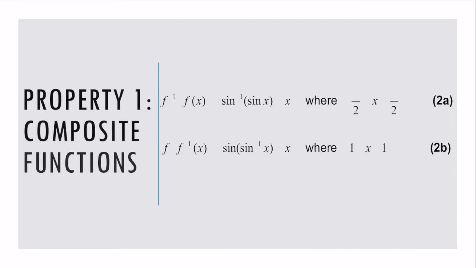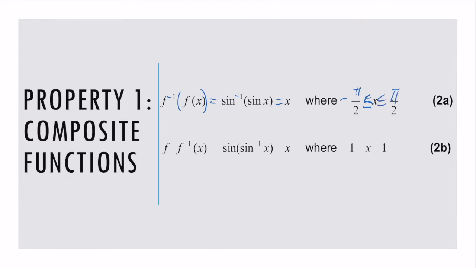Next, we have to take a look at the composite property of functions. Let's go ahead and fill in these blanks. If I have f inverse of f of x equals sine inverse of sine of x, that's going to equal x, where negative pi over 2 is less than or equal to x, which is less than or equal to pi over 2.